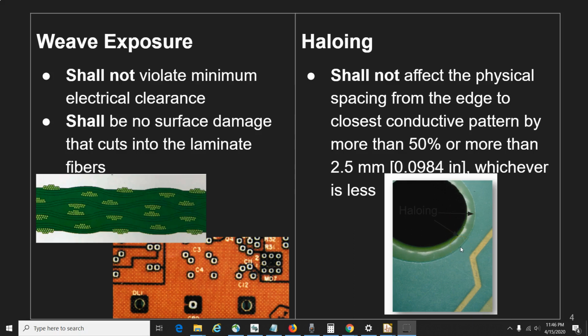The cause of this is due to mechanical fatigue or cracking during the drilling process or milling process. Now here it says it shall not affect the physical spacing from the edge to the closest conductive pattern by more than 50% or more than 2.5 mm. So this requirement you have to keep in mind when designing the printed circuit board.